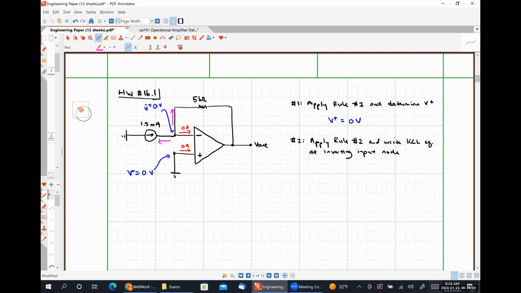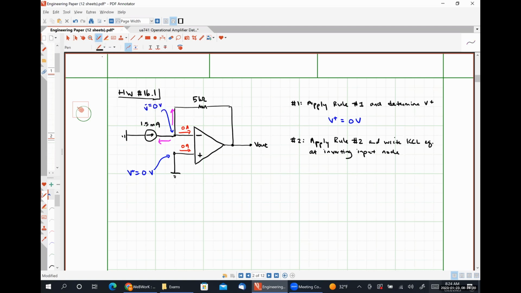Now, before I write this expression, I need you guys to understand that whenever we're dealing with op amps, we are using nodal voltages, okay? So our voltage at our non-inverting input terminal is measured with respect to ground, our voltage at our inverting input terminal is measured with respect to ground, and our voltage measured at the output terminal is measured with respect to ground.